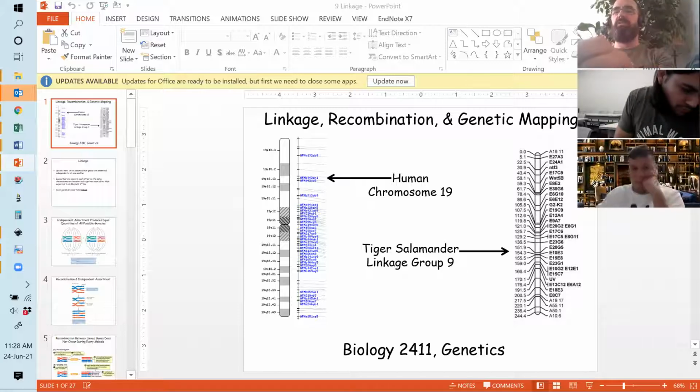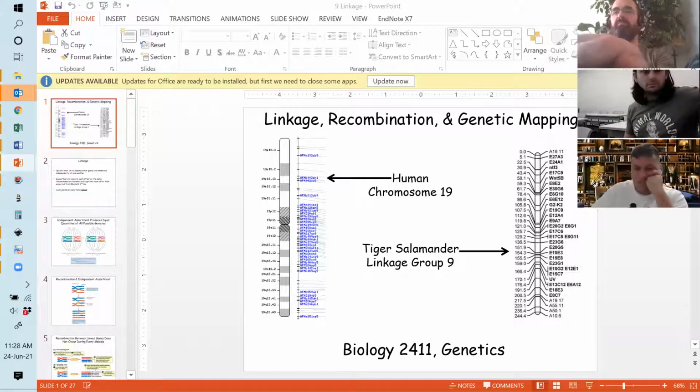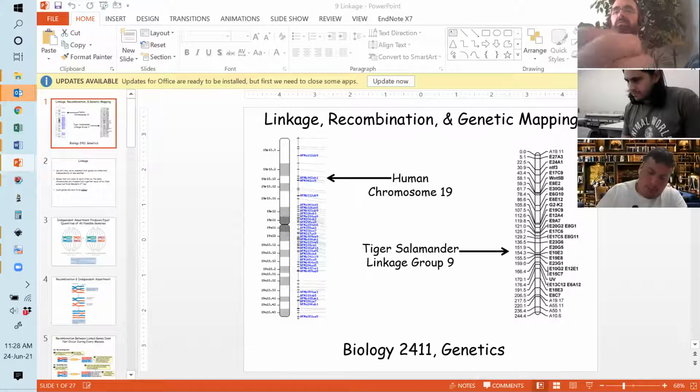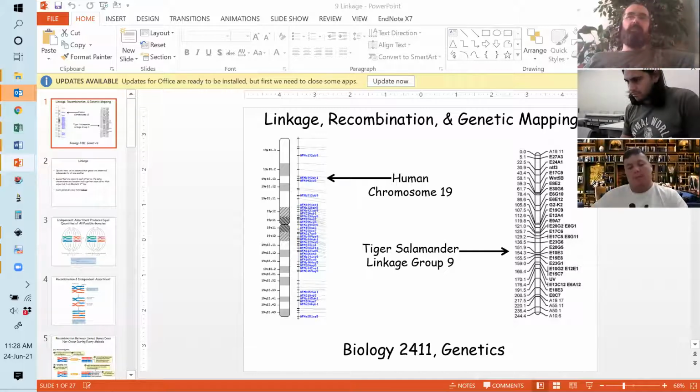The recombination is random, and the probability of recombination is equal to the distance between two loci or genes. That is the fundamental key point that you have to understand to get linkage.